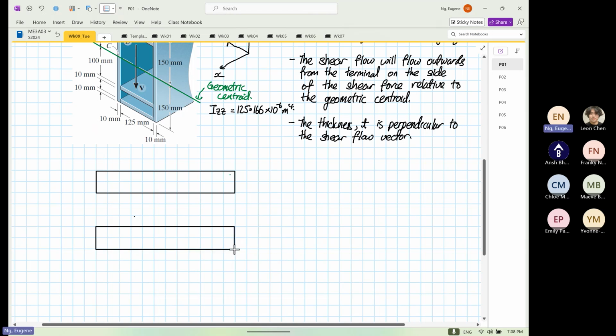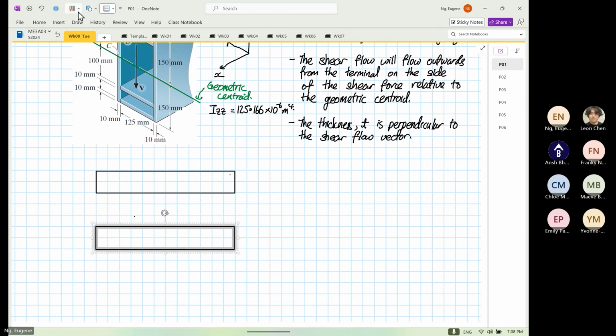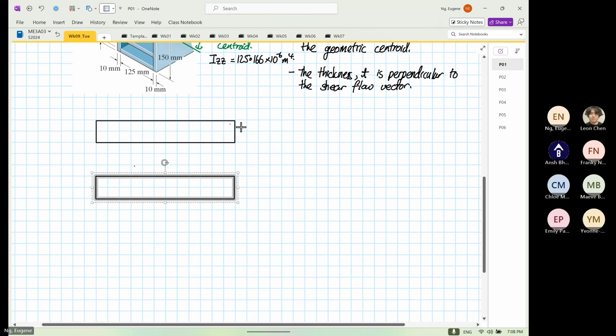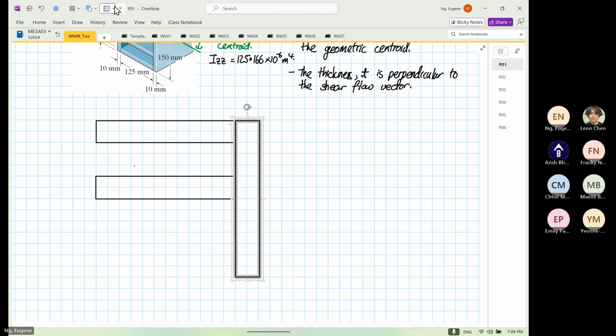Okay, so these are our flanges. Then we have our webs. Then we have another web.